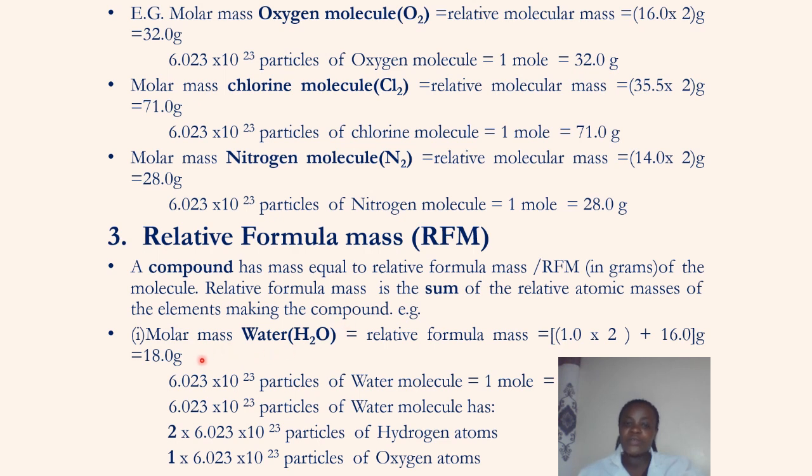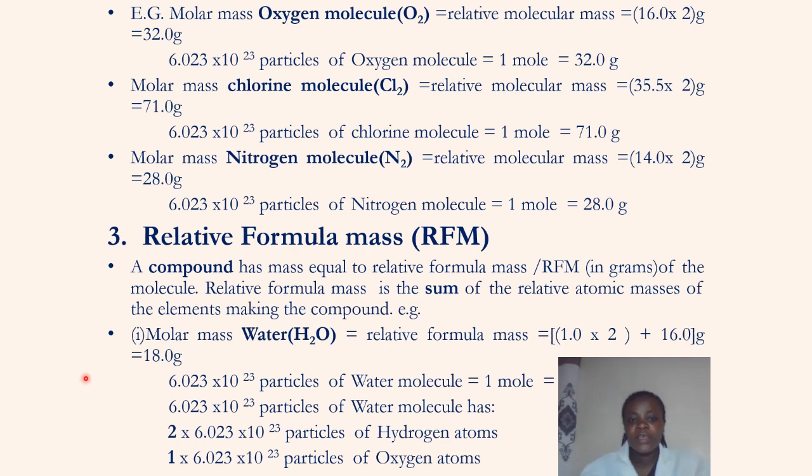So we are going to take the atomic mass of 2 hydrogens and that of the oxygen atom, then add to get the relative formula mass of water.